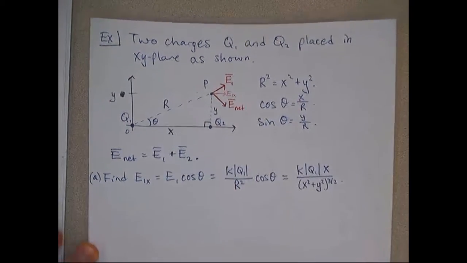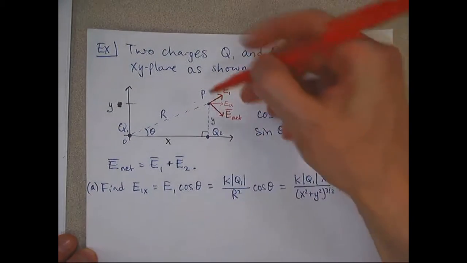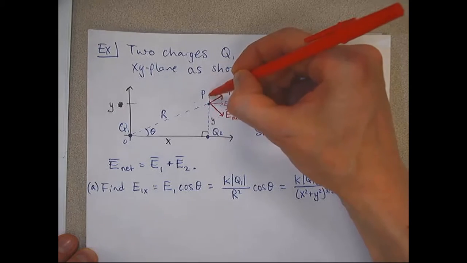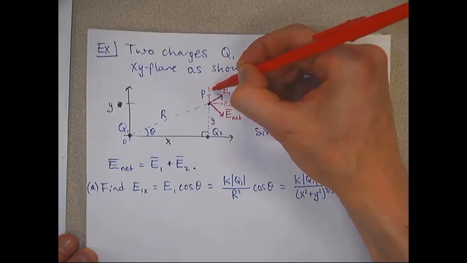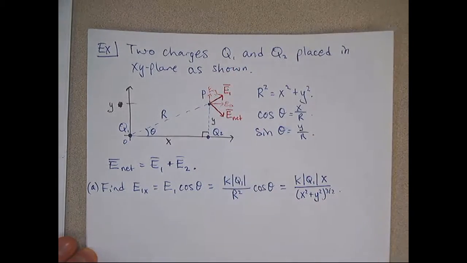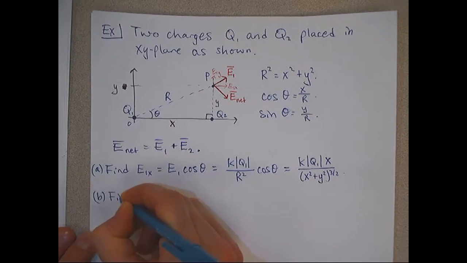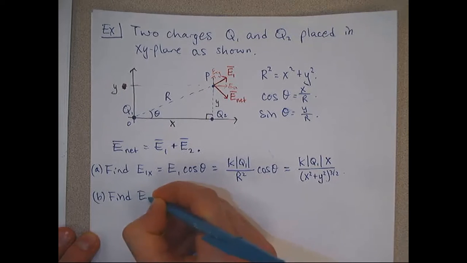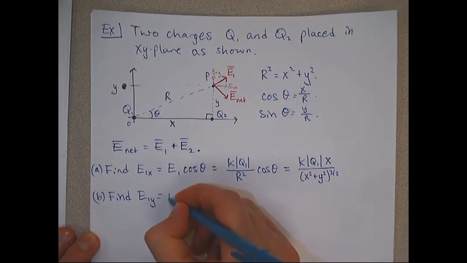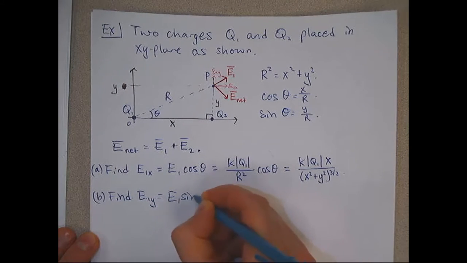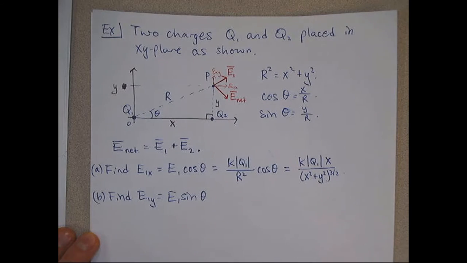of the vector E1. To find the y component, we'll follow the same procedure using the sine. So E1y is E1 sine theta.